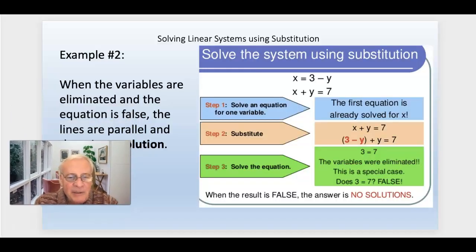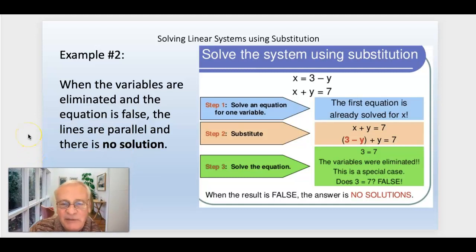Just a couple things. Sometimes when you're solving systems of equations, all the variables become eliminated. They eliminate each other. When that happens, if the equation you're left with is false, then the lines are parallel and there is no solution.